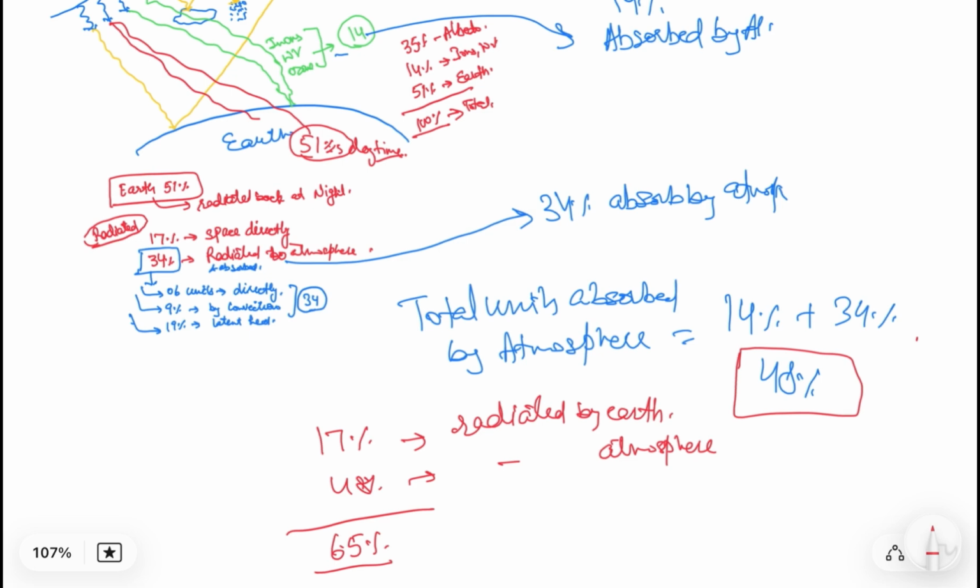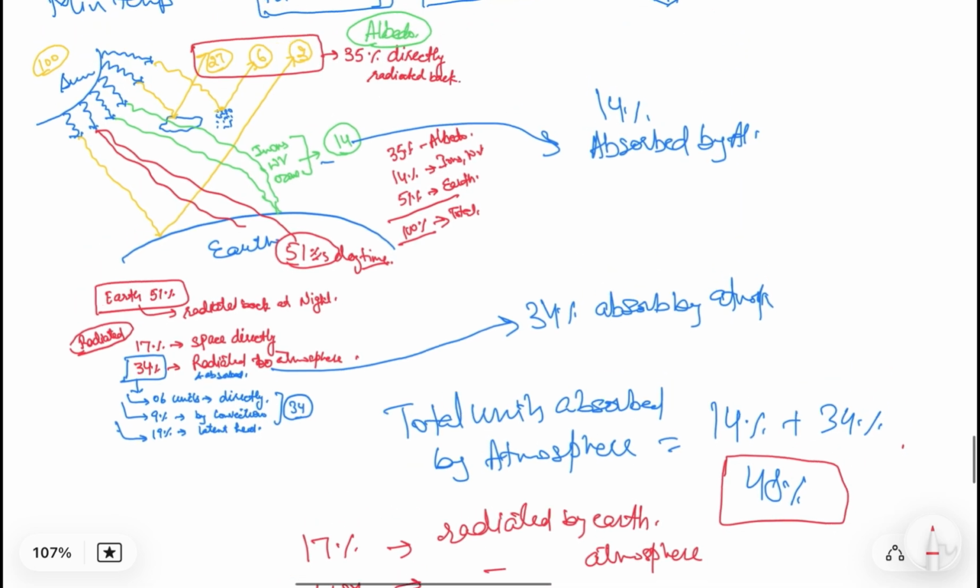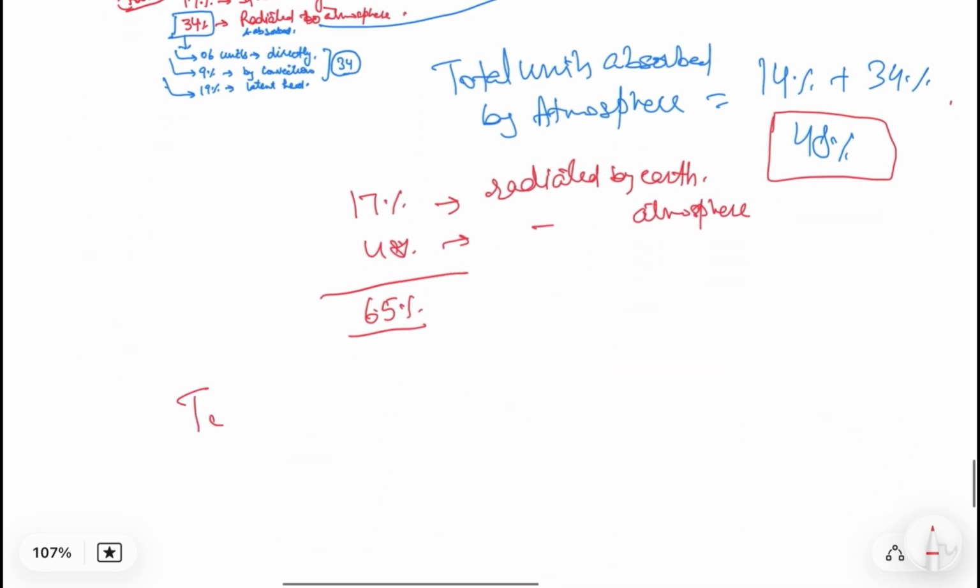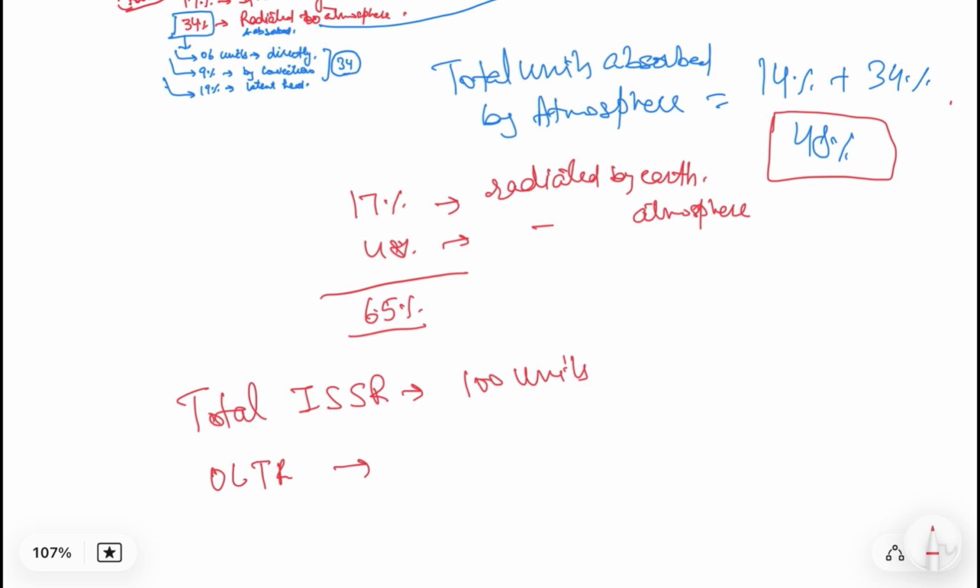So the 65 units will be radiated back by the earth and the atmosphere, and since the 35% is already directly radiated back, for total incoming solar radiation we have 100 units of incoming short solar radiation, and for outgoing long wave terrestrial radiation we have 65% by earth and atmosphere, and 35% is the albedo by earth and atmosphere. 35% is albedo, total is 100%.